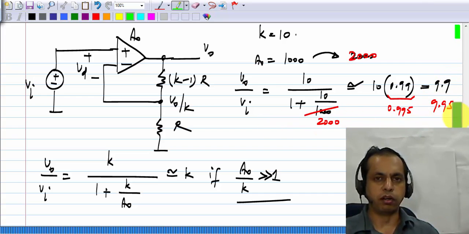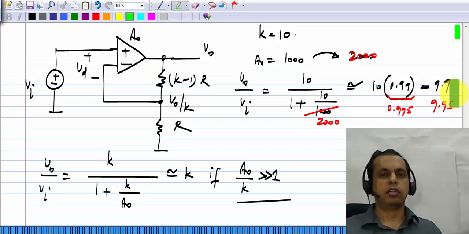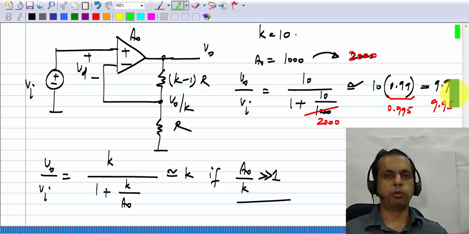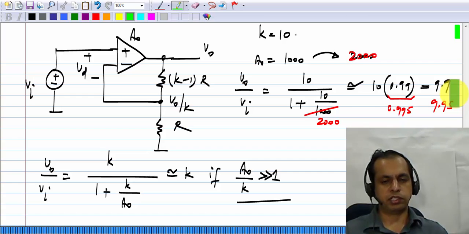It's changing very little. So negative feedback circuits have this advantage of having low sensitivity to amplifier parameters, and amplifier parameters tend to vary a lot because they are based on semiconductor devices. So if you realize these things using negative feedback, you can have very well controlled parameters. That's the idea. So this is a voltage controlled voltage source using an op-amp.